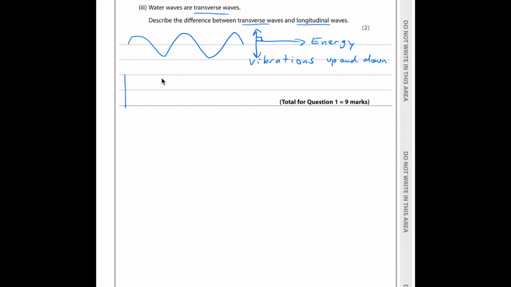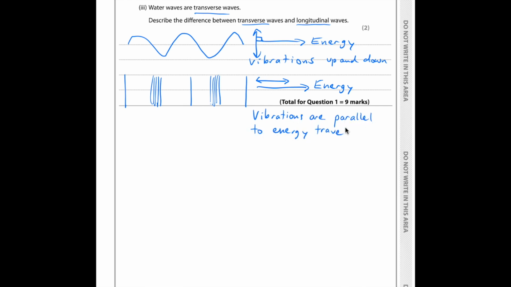Longitudinal waves, the energy would travel that way, and the vibrations go forwards and then backwards. So we say that they are parallel. And this here would be the vibrations are up and down or perpendicular.